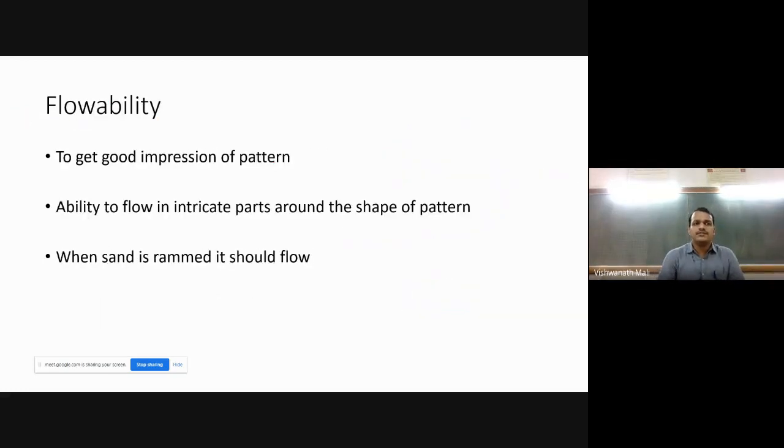Next, we have seen flowability. Whatever molding sand we are using should be flowable. Flowable means what? When we keep the pattern, suppose this is the pattern and this is our flask, then we pour the molding sand.